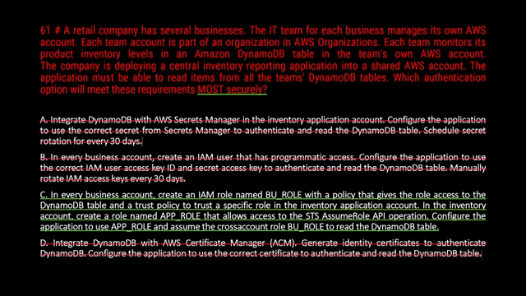So remember that for cross account, you need to have the roles created in those specific accounts, and you need to create the trust policy in the application account and add those roles in there, saying that you are trusting them.